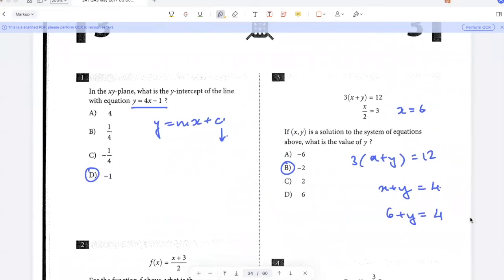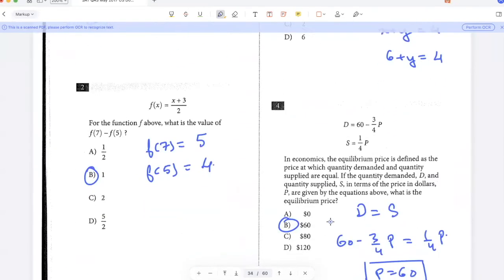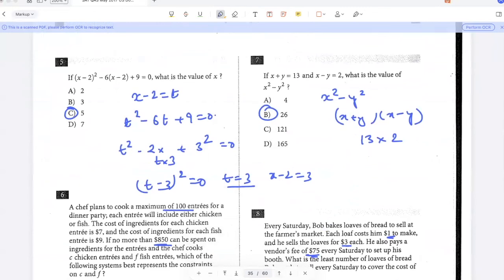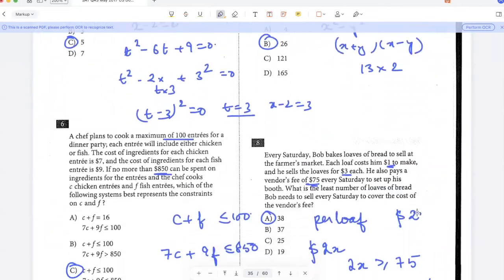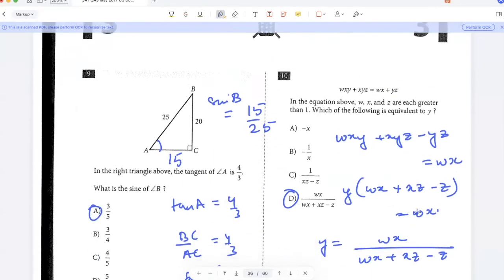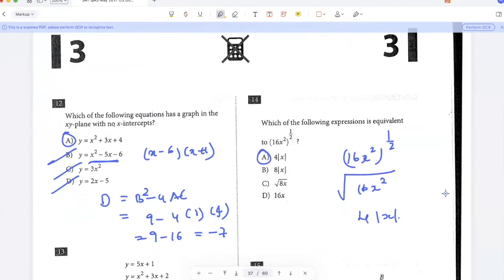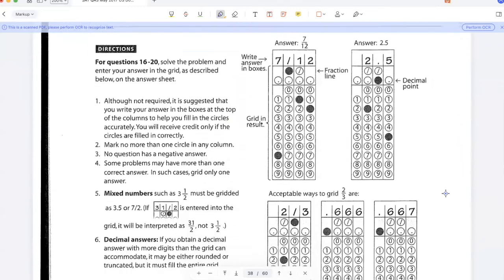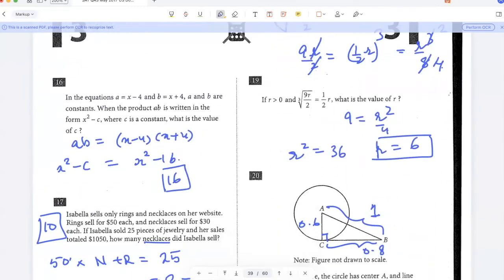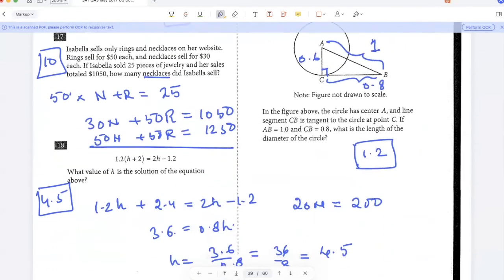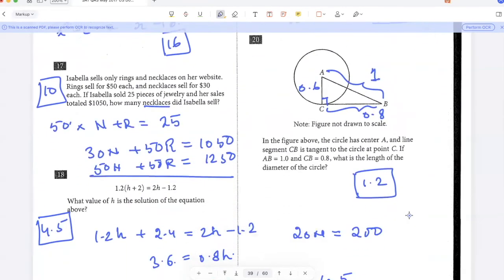D, B, B, B, C. Okay, C, B, A, A, D. 11, D, A, D, A, C. Okay, let's do the gridded ones. 16, 10, 4.5, 6 and 1.2. Okay, we got all correct.